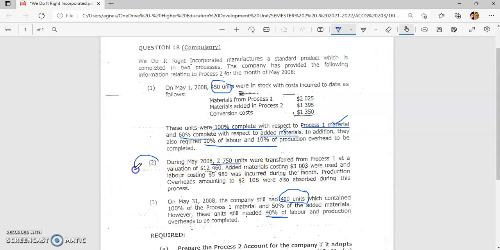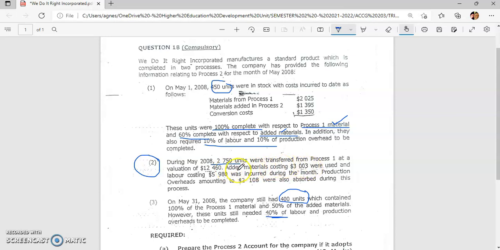It states here in number 2, during May 2008, 2,750 units were transferred from process 1, so those are our input units, into process 2. And those were transferred at a valuation of $12,460.